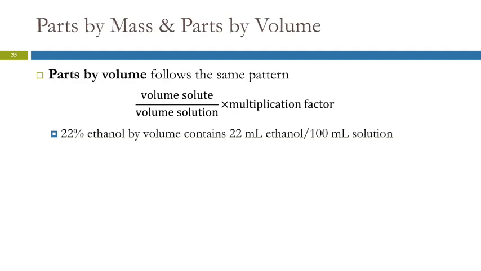It's just volumes. So if we see 22% ethanol by volume, that's 22 milliliters of ethanol per 100 milliliters of solution. You could use any volume unit you want as long as you use the same unit. You could use liters for both. You could use gallons. Doesn't matter. Okay? Any questions?